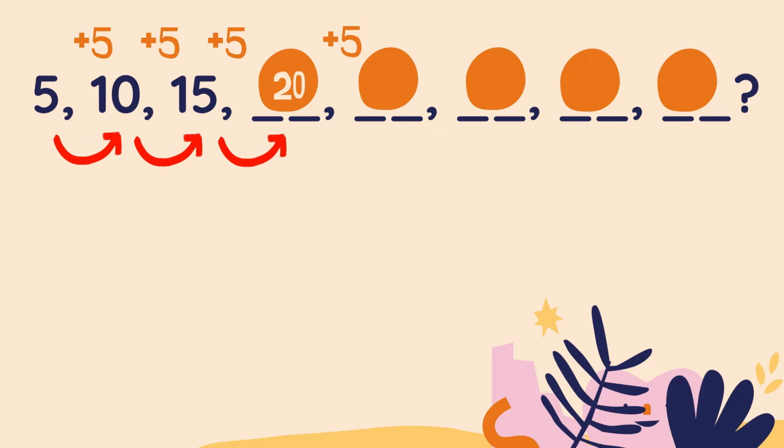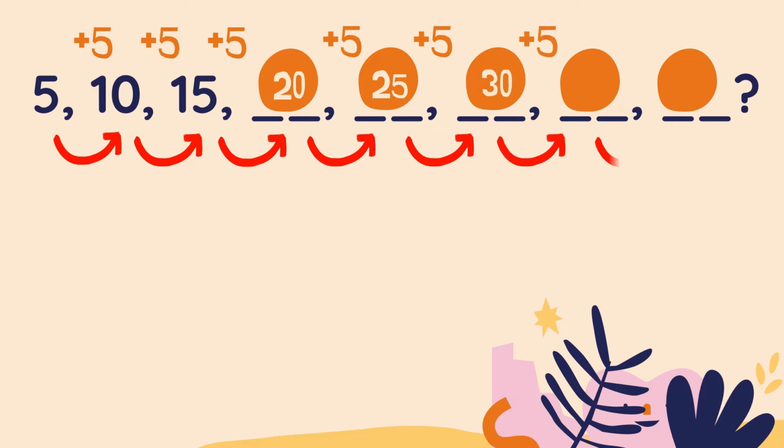What's next? 25. Next, 30. Next is 35. And the last is 40. So it means there is a common difference of 5. So now the sixth term is 30, the seventh term is 35, and the eighth term is 40.